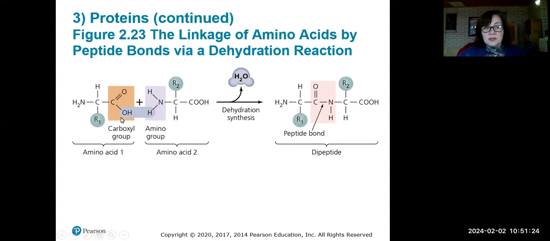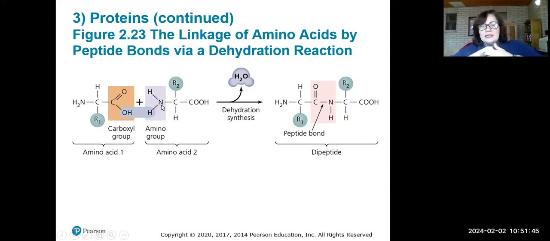And then the carboxyl group is this carbon, a double bonded oxygen, and a hydroxyl group, represented here with the same carbon, an oxygen, and then the hydroxyl group. The point is that the carboxyl group will bind to the amino group of the other amino acid. That's how they hold hands.